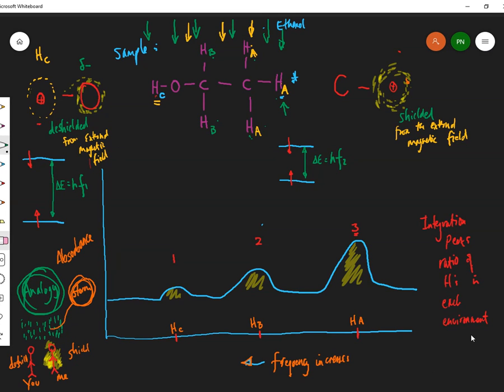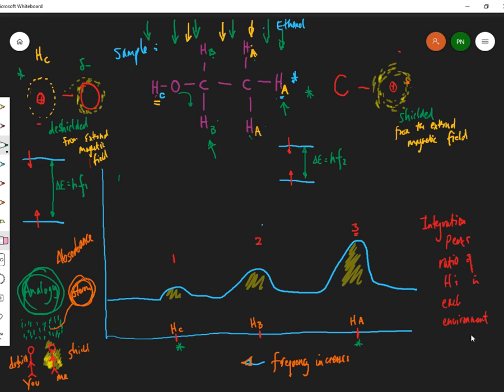So what does that mean? Well, these protons, the de-shielded ones, will absorb different frequencies to these shielded ones, and that's why they absorb at different frequencies down here. Now these ones in the middle are somewhere in between. It's closer to an electronegative group, so it will shift it this way.